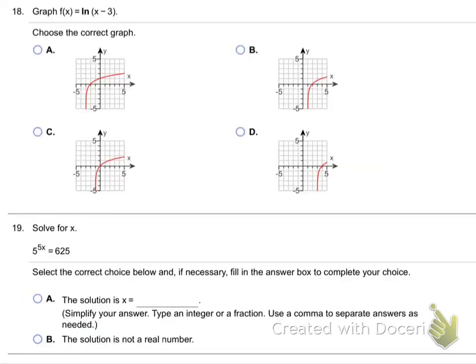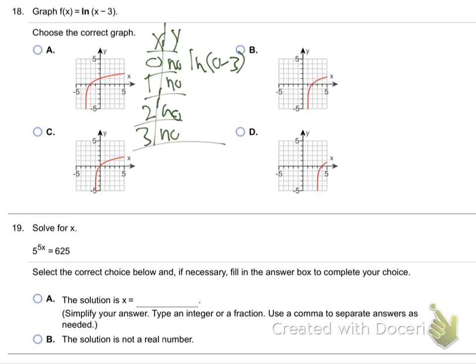Can't believe where the time went. All right, so we make our XY table, put in 0, put in 1. If you do natural log of 0 minus 3, it'll be no. 2, 3, no. Those will all be errors. When you get to 4, finally, you'll get natural log of 1, which is 0.